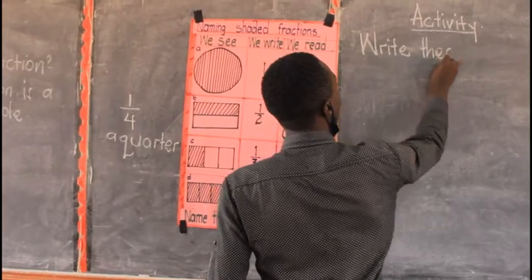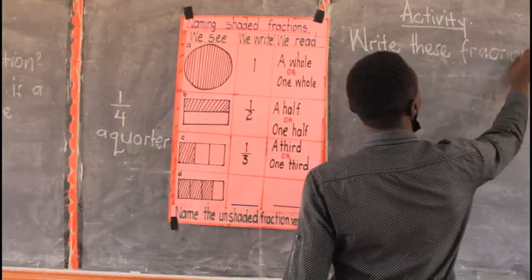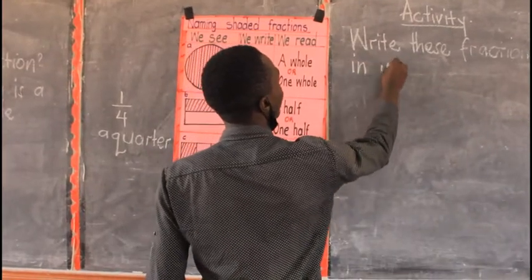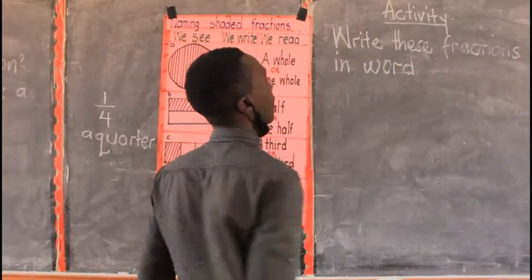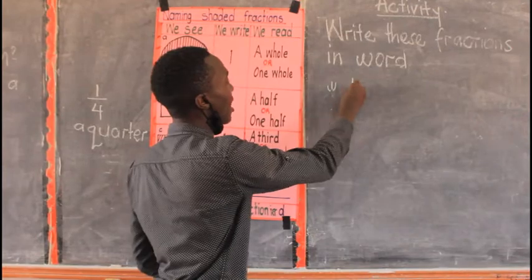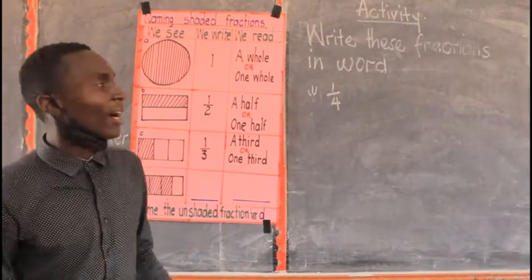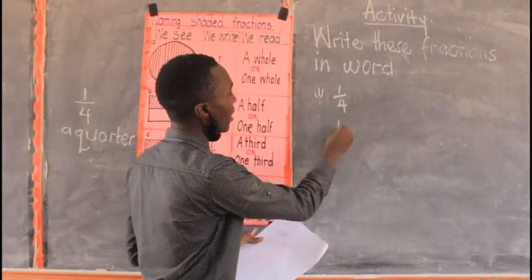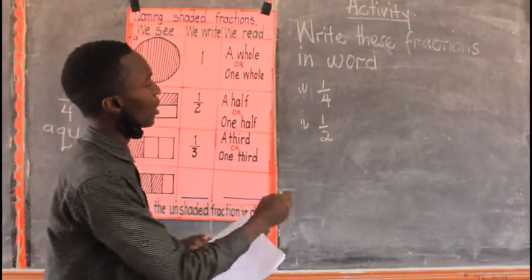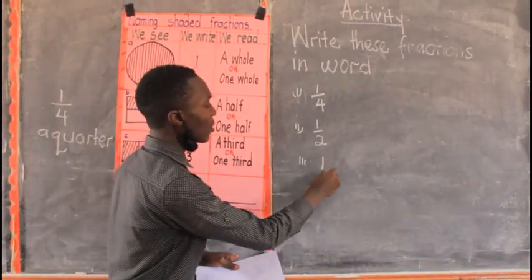Number 1 is 1 out of 4. Let us write this fraction in words. Another one is 1 out of 2. This is the second one. The third one is 1 out of 9.